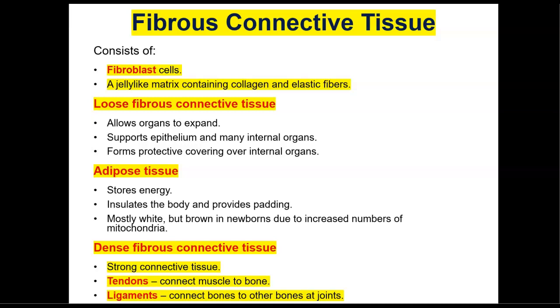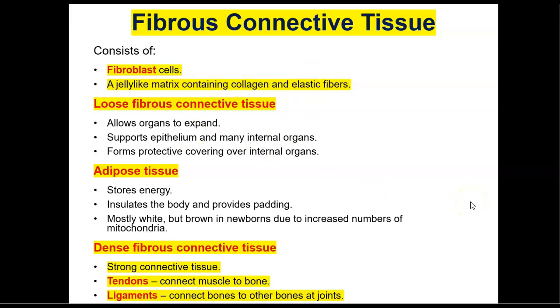The loose fibrous connective tissue allows organs to expand. It supports epithelial tissue. It forms the protective covering over internal organs. And adipose tissue stores energy and insulates the body and provides padding. So adipose tissue is fat tissue.